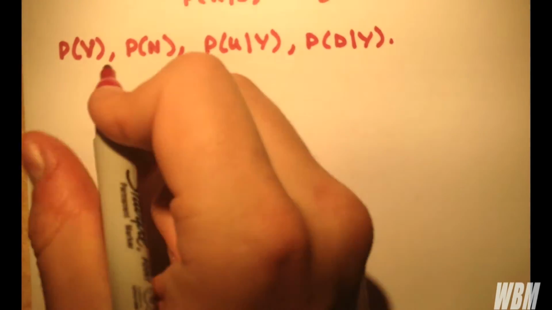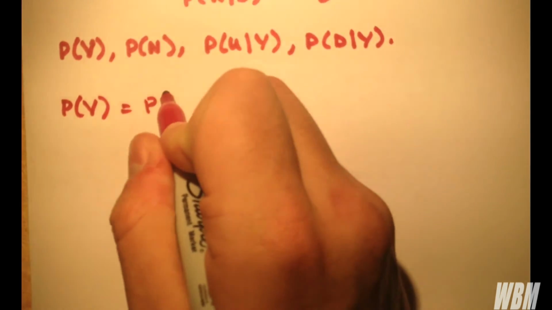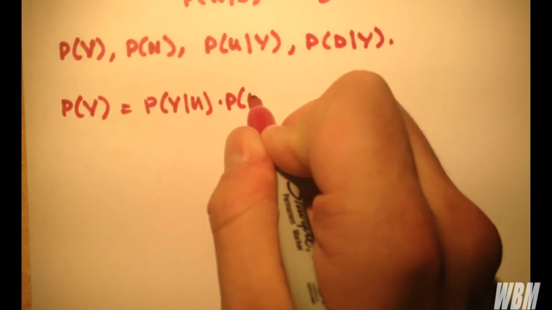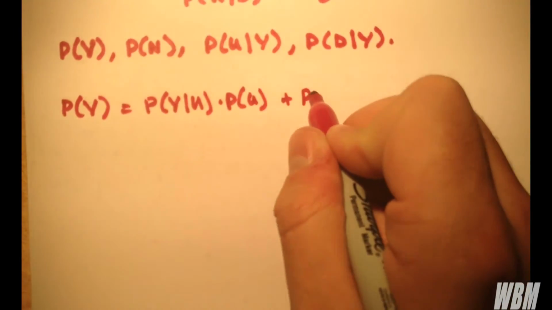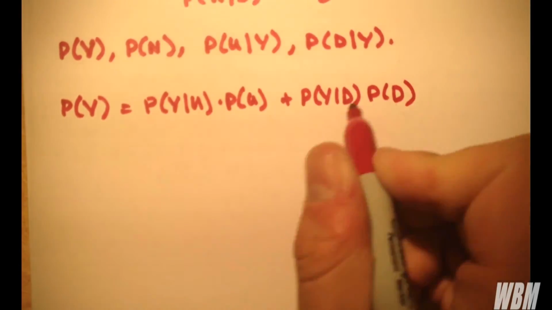So quickly we know that P(y) is equal to the probability of y given u multiplied by the probability of u, plus the probability of y given d multiplied by P(d).